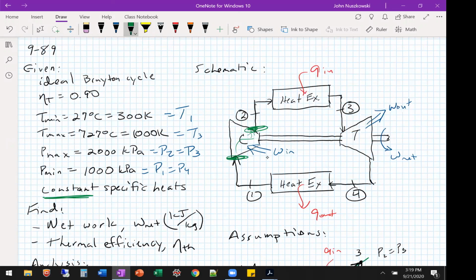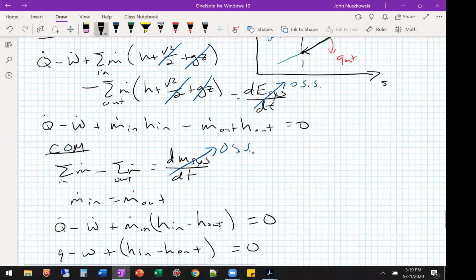Okay, so we can't use that to relate the inlet to the outlet. That's where the mass flow rate comes into play, and then that's where you could use rho VA, right? And then you could have a density at the inlet and outlet. That's where you could use ideal gas laws on the density of the gas. But we can't use the ideal gas law directly, okay?